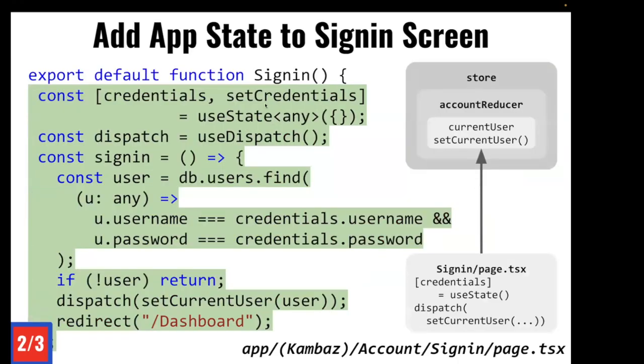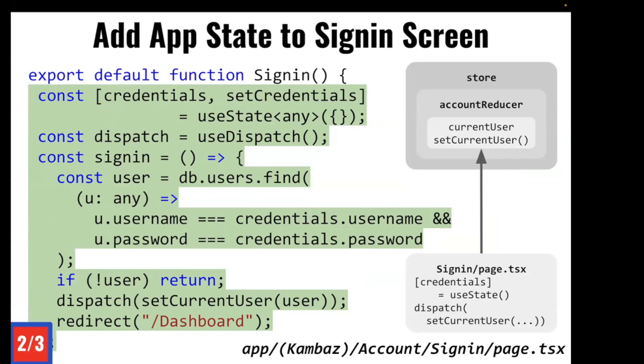So we're going to have locally a set of fields that we're going to call the credentials, which are going to be the username and password. These are going to be the two fields that we're going to be updating, filling out to identify ourselves.